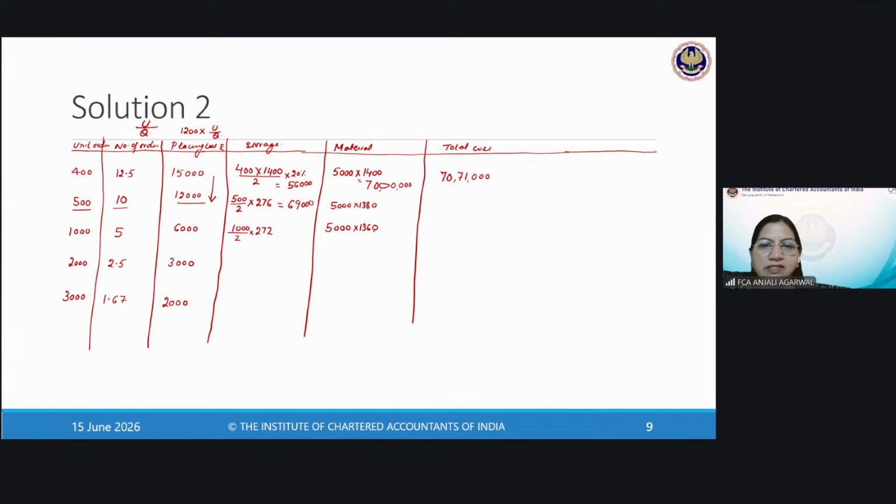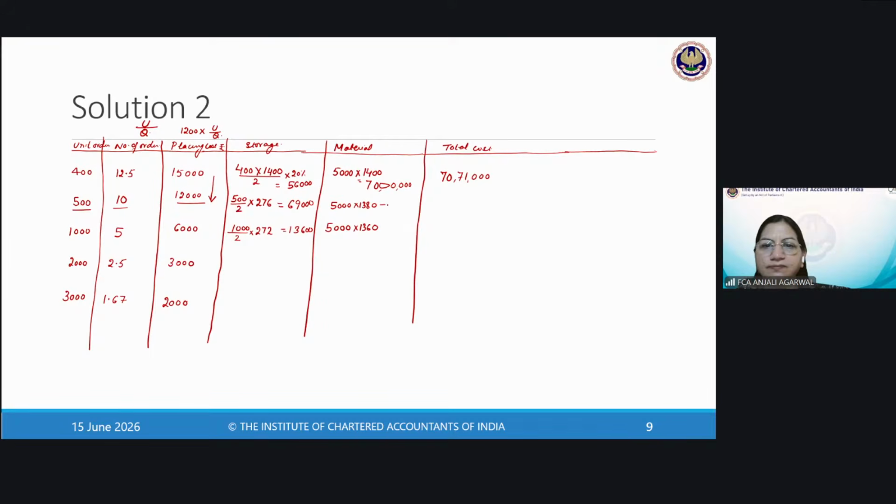So 1360 into 20% is 272, or you can directly say 1000 into 1360 divided by 2 into 20%. Here, this costs you 500 into 272. So your cost is 1,36,000.